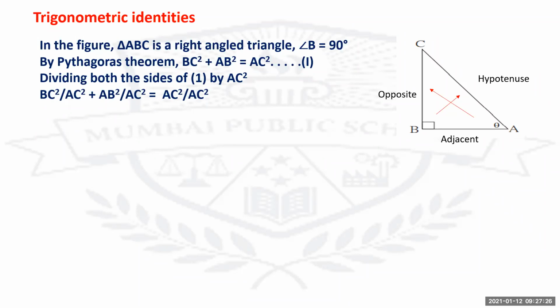Now check, everywhere the square is common, so you remove that common square. The equation would then be written as BC upon AC, the whole square, plus AB upon AC, the whole square. And here AC square upon AC square gets cancelled.